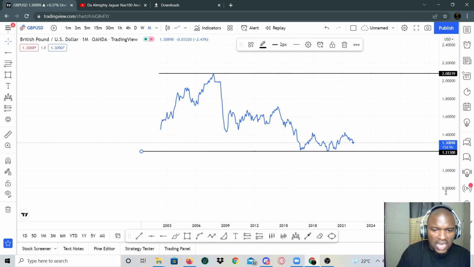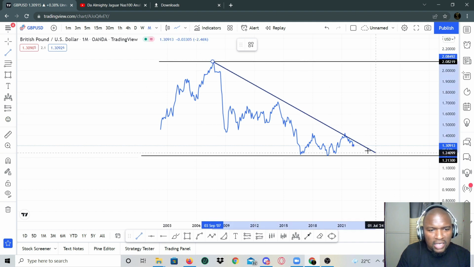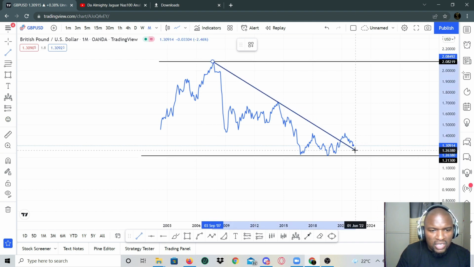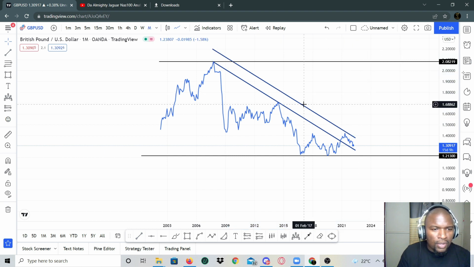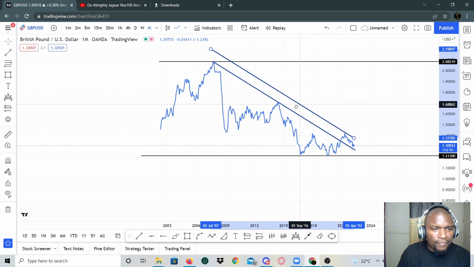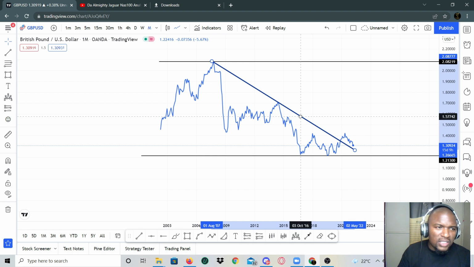From here, guys, for us to identify what price is doing, I take my trend line. You can take your trend line right now and put it right here. This is to identify what type of pattern you have, so what price behavior you have. At this moment, I have closed my trend line.